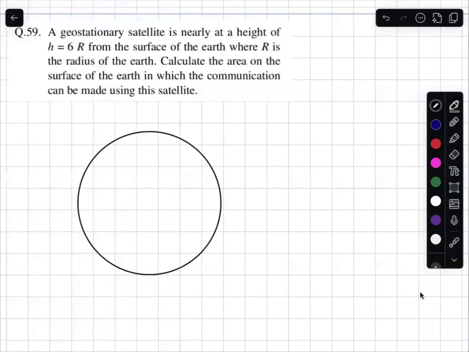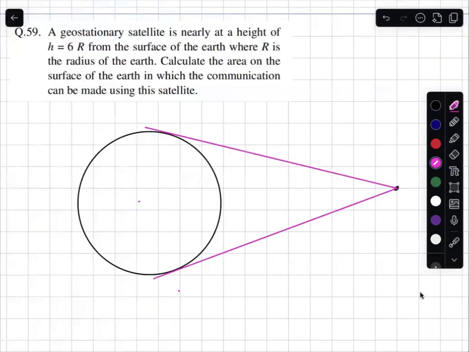This is Earth, and this is the satellite. Please try to understand. That is the line of sight. This is the line of sight.